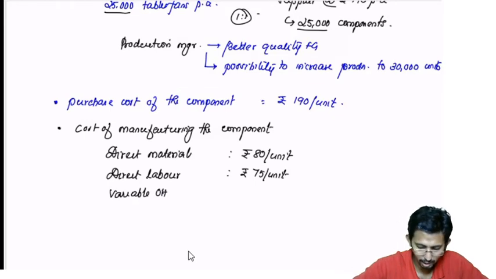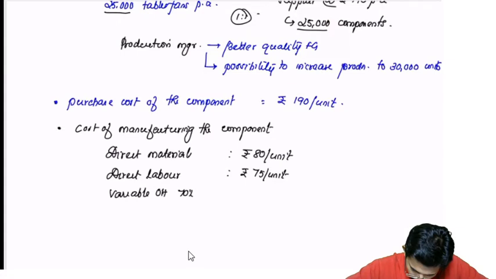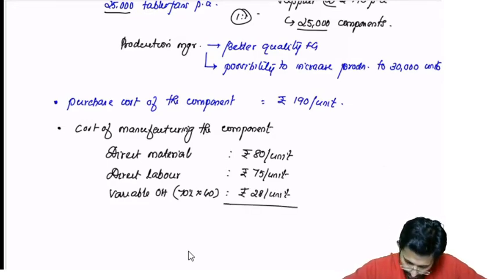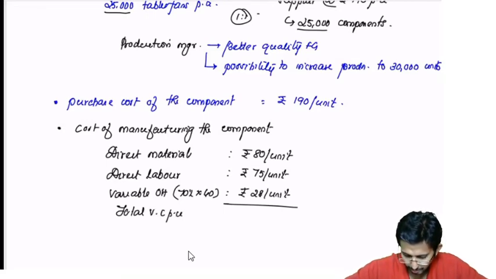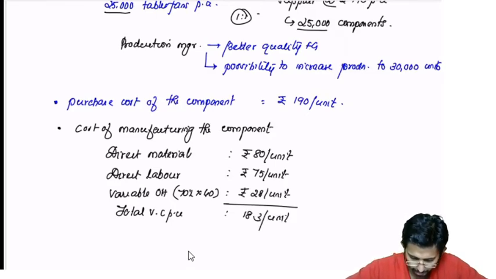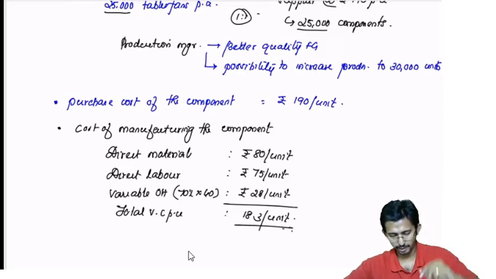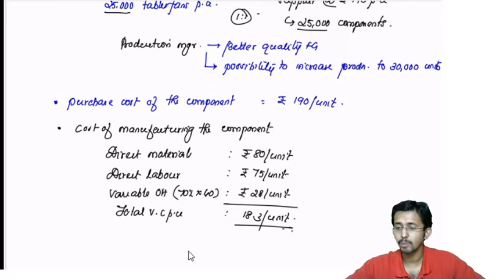Variable overhead is how much? 70% of rupees 40, that is 28 per unit. So total variable cost per unit will be 183 per unit. Okay, so the purchase cost is 190 per unit, whereas the cost of manufacturing is 183.